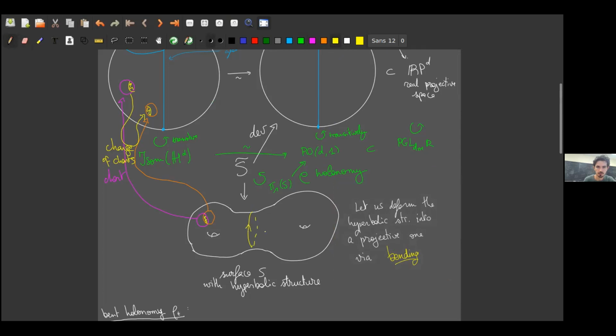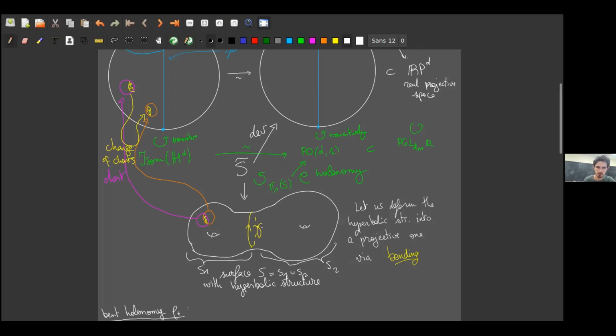So let us consider the following curve gamma that cuts S into two one-holed tori, S1 and S2. The way the deformation works is that charts which are entirely contained in S1 or entirely contained in S2 are not modified.